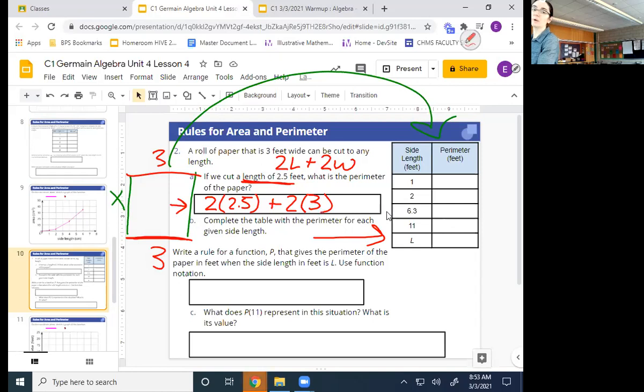Okay. So Abby, we're going to do one when we move into the table. First one we're going to do is A. So we're going to find the perimeter of this one first, Abby, and then you're going to go in and do the table afterwards. Okay, does that make sense? So I have 2 times this length, which is 2.5 in this case. What is that going to be? 2 times 2.5.